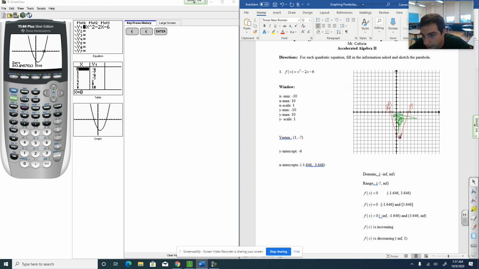Our parabola is going down until we get to this point of 1. Then once we get to this point of 1, we start to rise again. So it would be increasing from 1 to infinity. Okay?